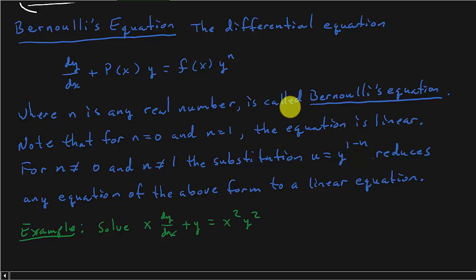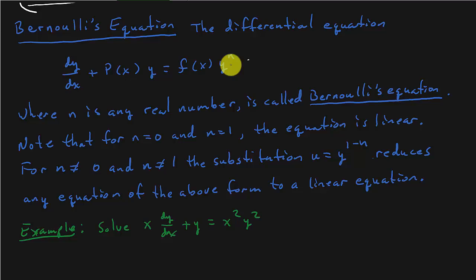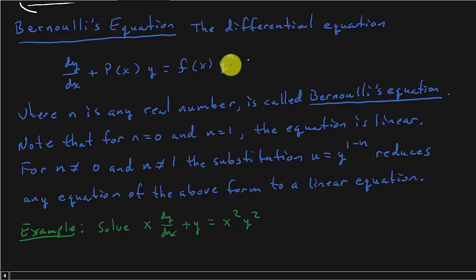Bernoulli's equation. The differential equation dy/dx plus p of x times y equals f of x times y to the n, where n is any real number, is called Bernoulli's equation. Note that for n equals 0 and n equals 1, the equation is linear.